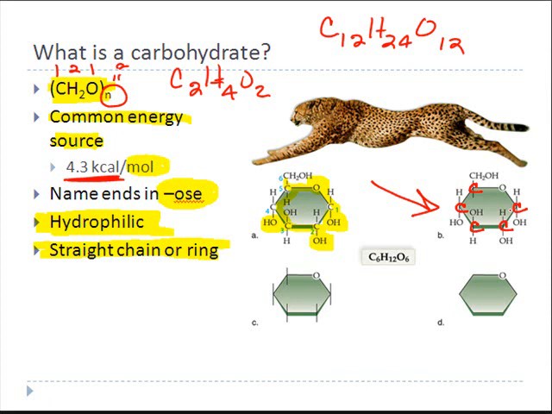Organic chemists get tired of writing down carbons all the time, so they just use the presumption that at each of these intersections there is a carbon, unless they indicate otherwise, like here where you can see they've indicated that there is an oxygen present there rather than a carbon.